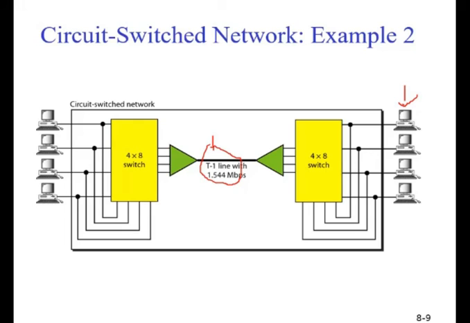The offices are connected by a T1 line leased from a communication service provider. That means some ISP is in between. There are two 4 by 8 switches in this network, with 4 inputs and 8 outputs. For each switch, 4 output ports are folded onto the input ports to allow communication between computers in the same office.